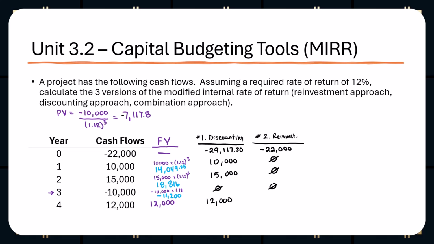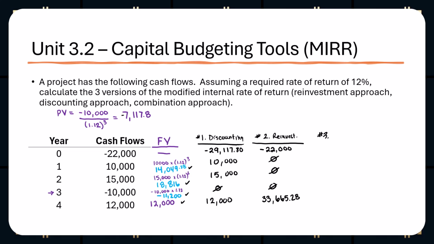And then at the end of year 4, we're going to take the sum of the 14,049.28, the 18,816, the 11,220, and the 12,000. And when we do this, we find that the time 4 cash flow is $33,665.28.